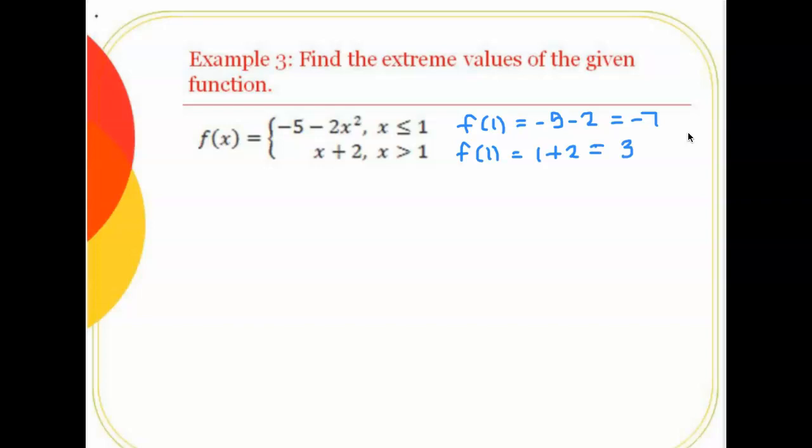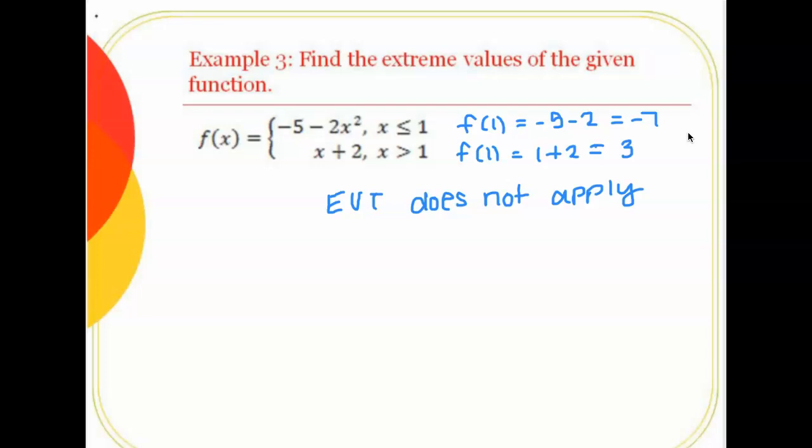So if it's not continuous, then EVT does not apply. So again, this is not continuous, so EVT does not apply. It's also not differentiable at x equals 1.